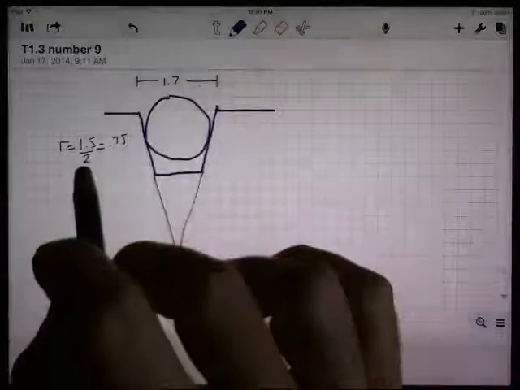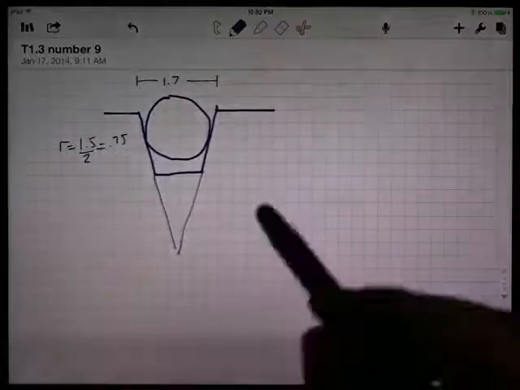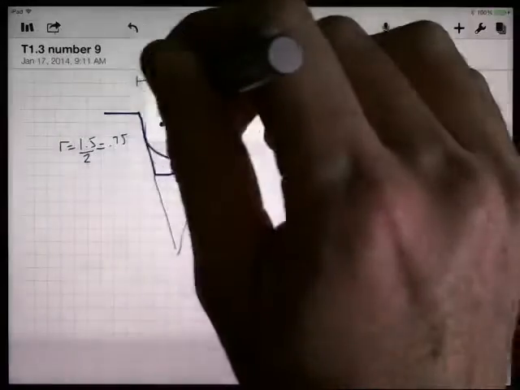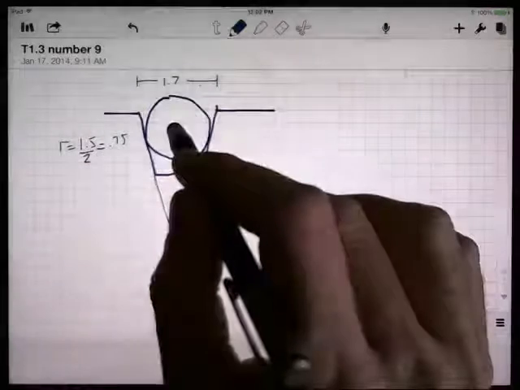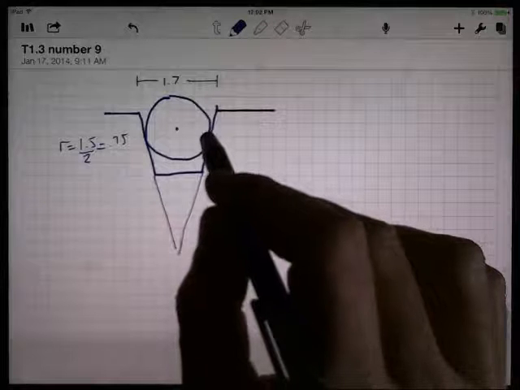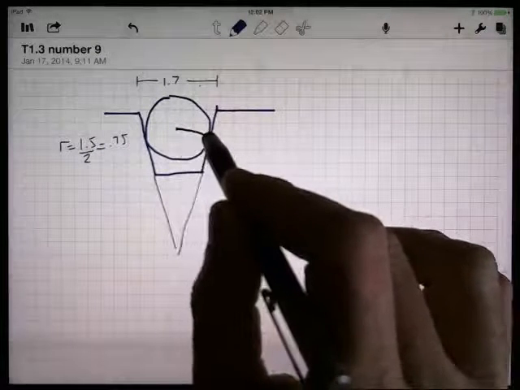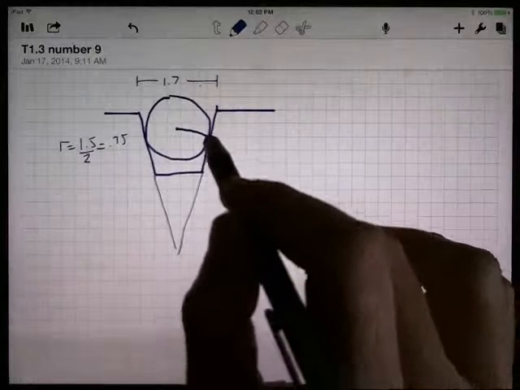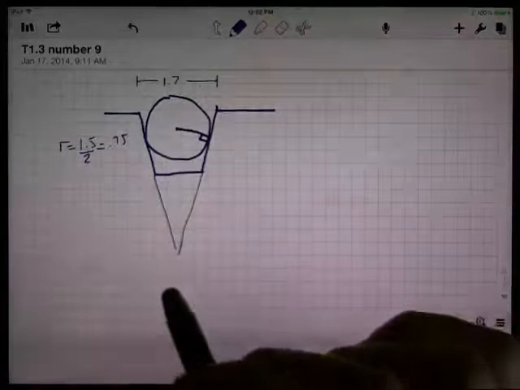First of all, they tell us the diameter was 1.5. So if I divide by 2, that's 0.75 to be the radius. So from the center of the circle, if I draw a line out to this point of tangency here, I like points of tangency in circles because that's where a radius and a tangent line will be perpendicular to each other.